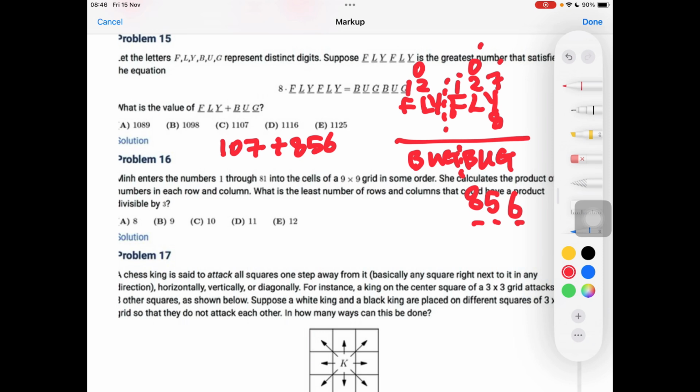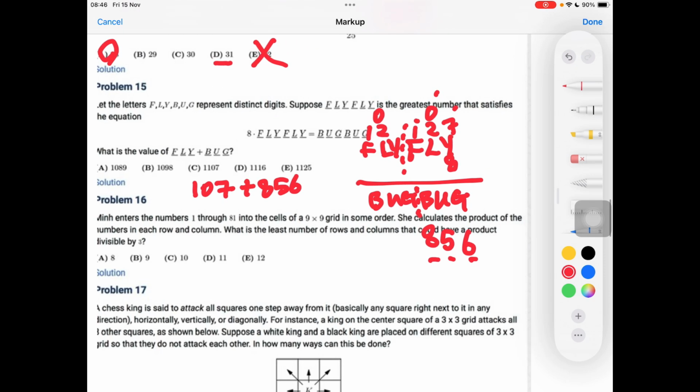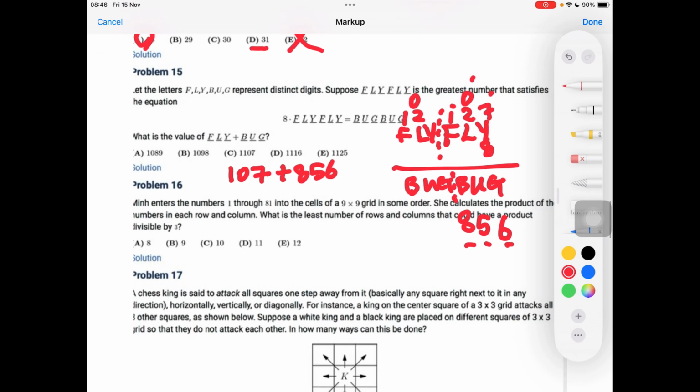So I tried just 7, and now we have the answer. So now the last digit. FLY and BUG. Oh, but the last digit should be 3, but it's not. Greatest number. So this is just one of the cases, not the greatest number.